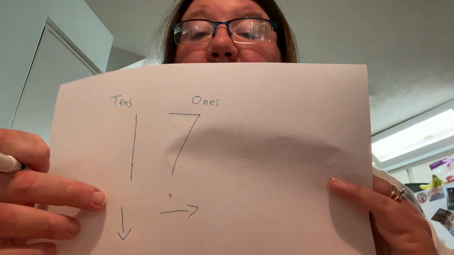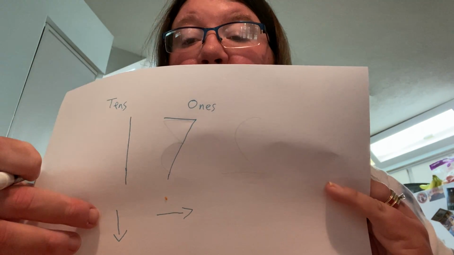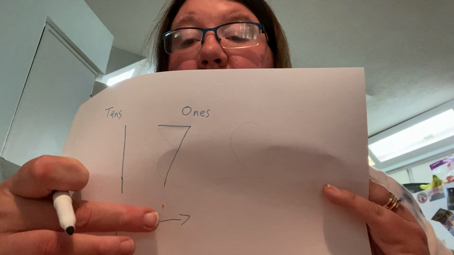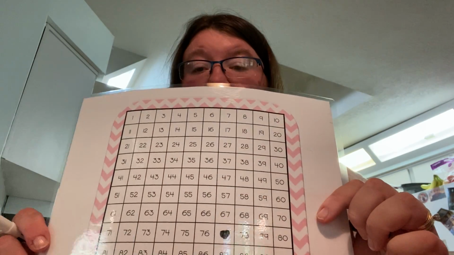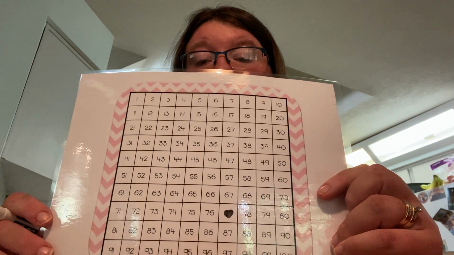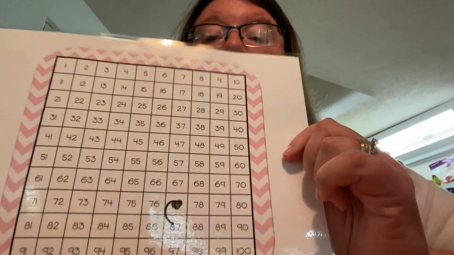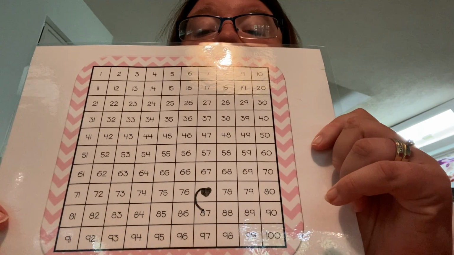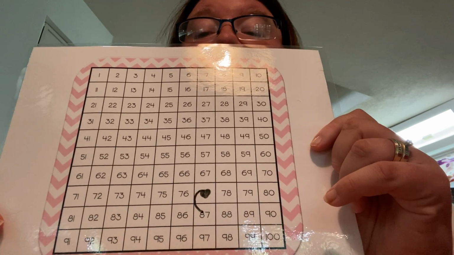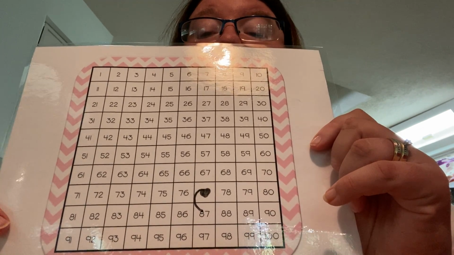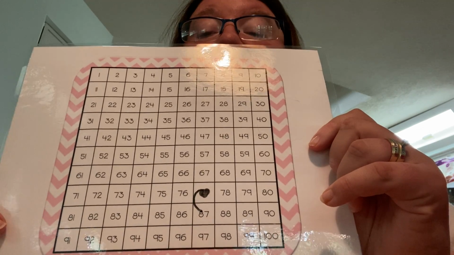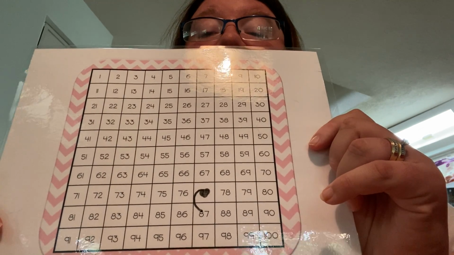So we're going to move down 1 and over 7. So let's move down 1 first for that ten. Okay, here we are, and now we're at 87 because we moved down 1. Now we're going to move over 7.